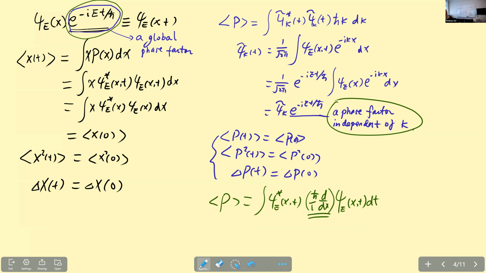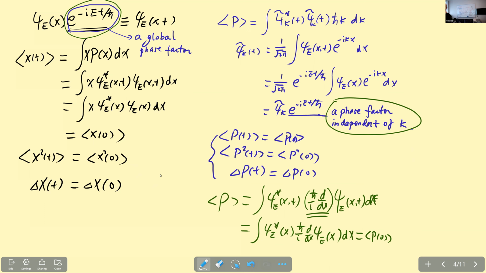So that means that they cancel each other. So this one obviously just equals the integral of psi(x) h bar over i d over dx psi(x) dx. So this is independent of time, right? So you can do the same for the momentum, okay? Right, so that's another way to prove this.